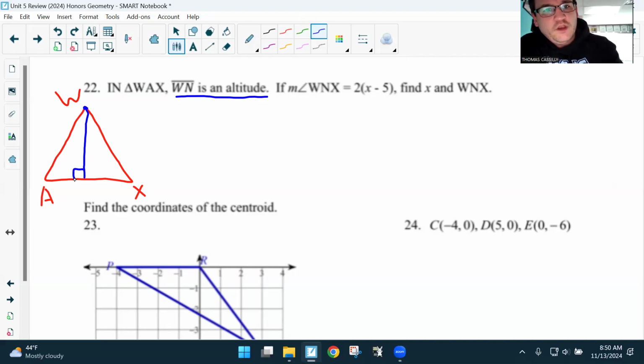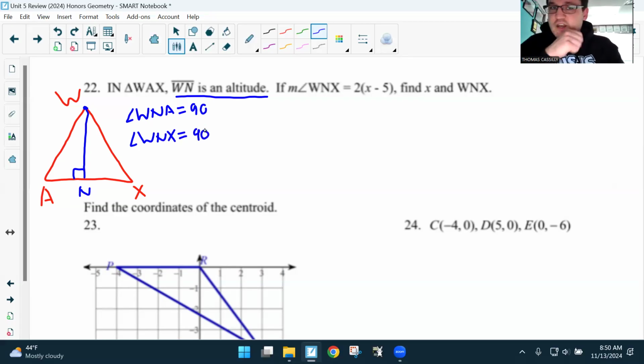So we know angle WNA equals 90 degrees. We also know angle WNX equals 90 degrees, because we have perpendicular lines.